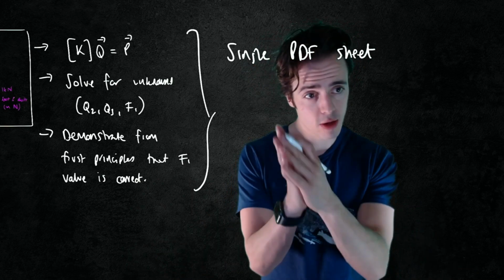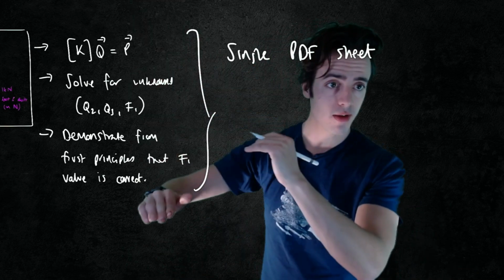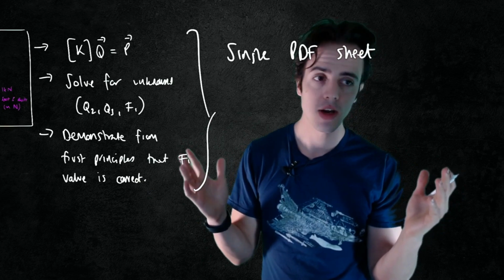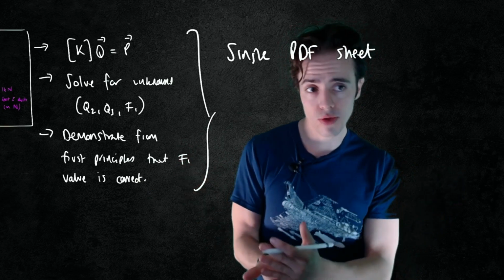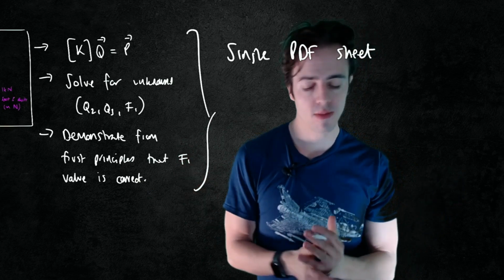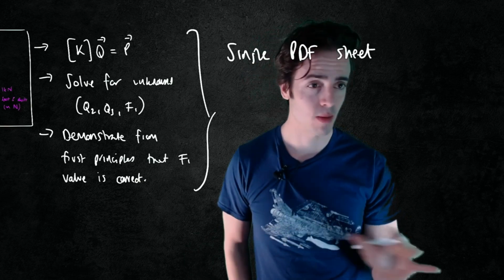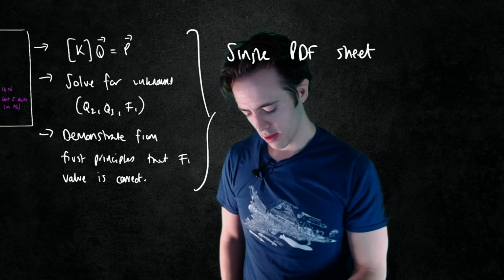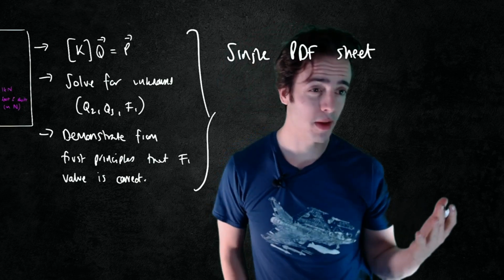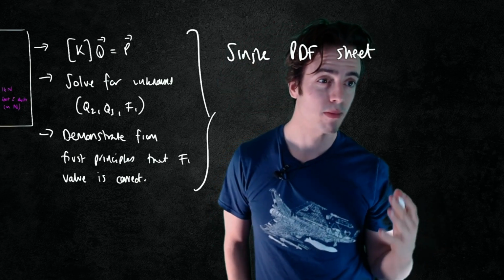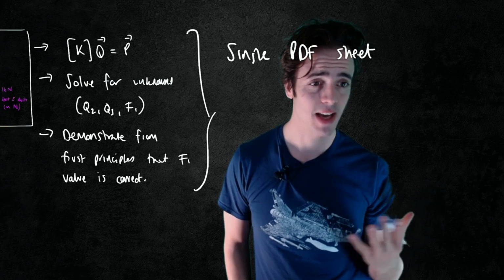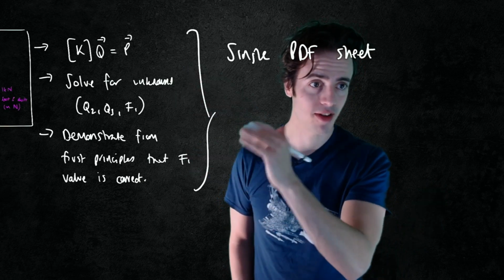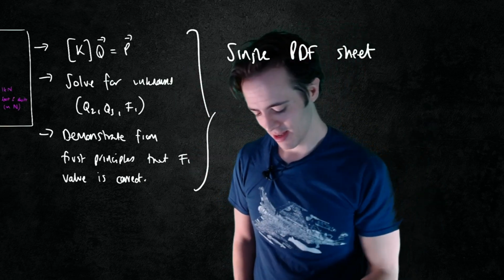Okay, so a single PDF sheet should contain all of your answers here. If you really struggle and you want to show your element stiffness matrices, I'll accept an additional sheet, but anything more than 2 I'm going to ignore. Okay, so a single PDF sheet plus a possible additional sheet if you want to include any working, but you shouldn't need it. You should be able to succinctly describe every step of this problem in 1 page.